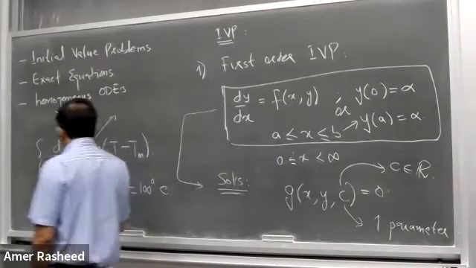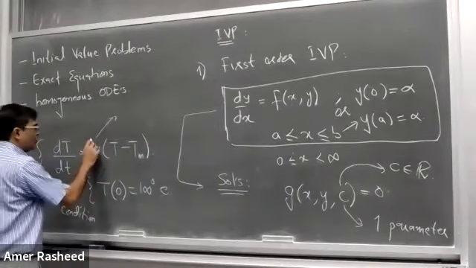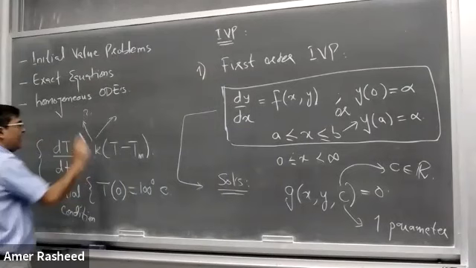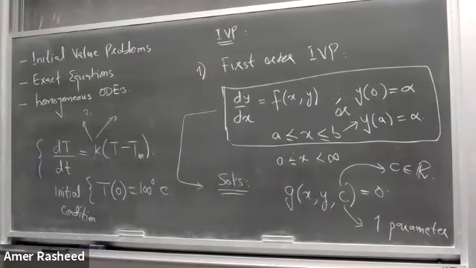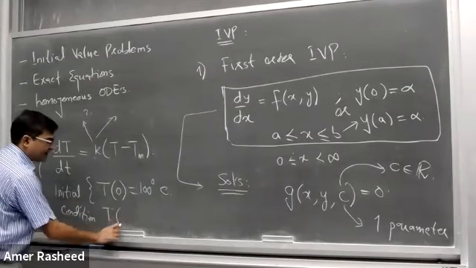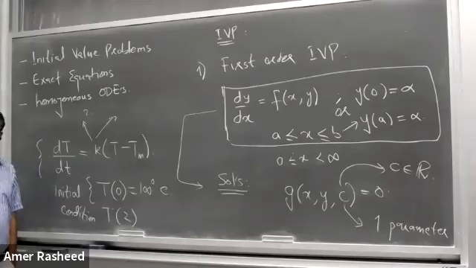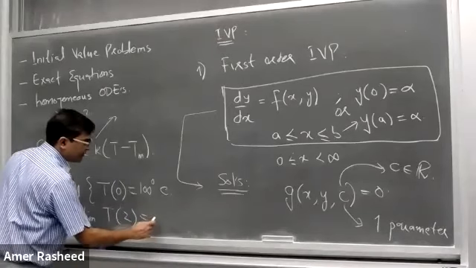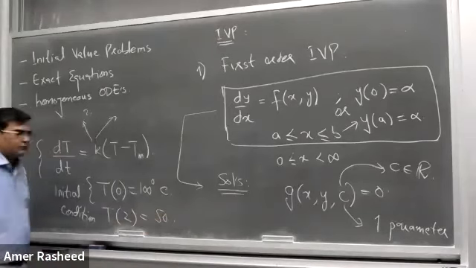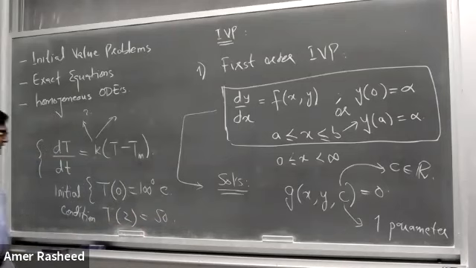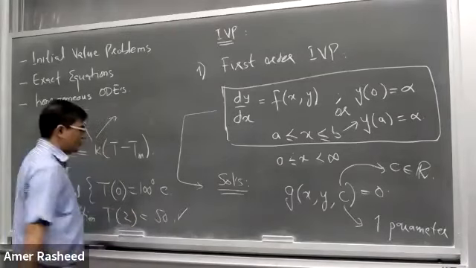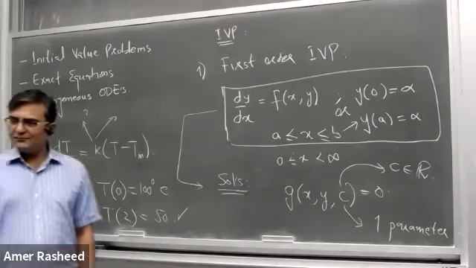In some situations, we are also not given this constant k. If this constant k is not given, then we need another condition, maybe T at 2 is some constant, maybe 50. At some other instant, we are given some other condition.